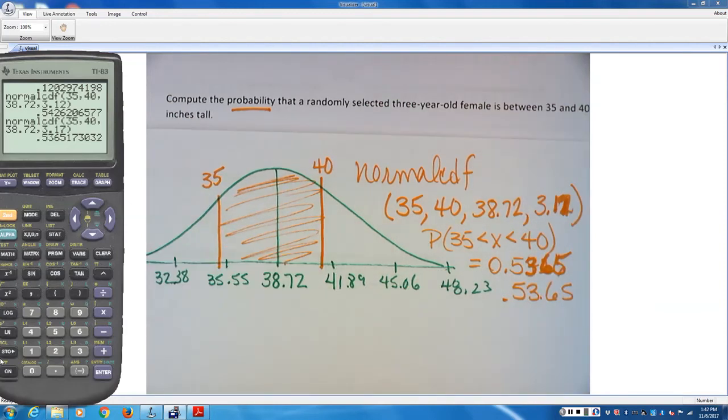That should have been 1.7. Okay? Any other questions? And notice it didn't make a whole lot of difference, but it did make some difference. So you've got to watch your standard deviations.